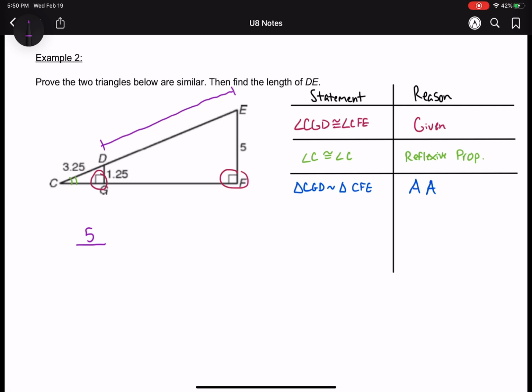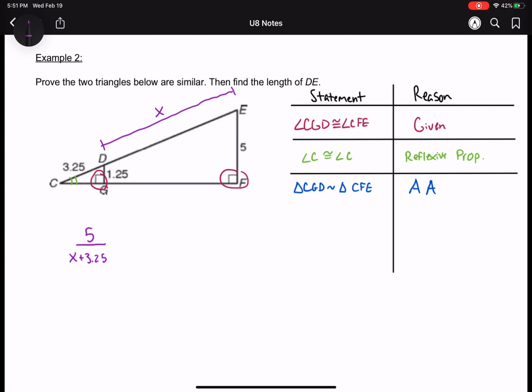So I'm really looking at the full length from C all the way to E. But I already know the length of CD is 3.25. So what I really have is this unknown piece that I'm going to call X plus the additional 3.25, and that's going to give me my full length. So the bottom part of that ratio is X plus 3.25.